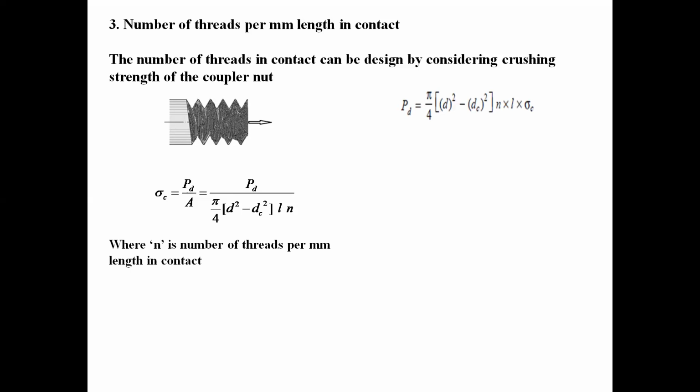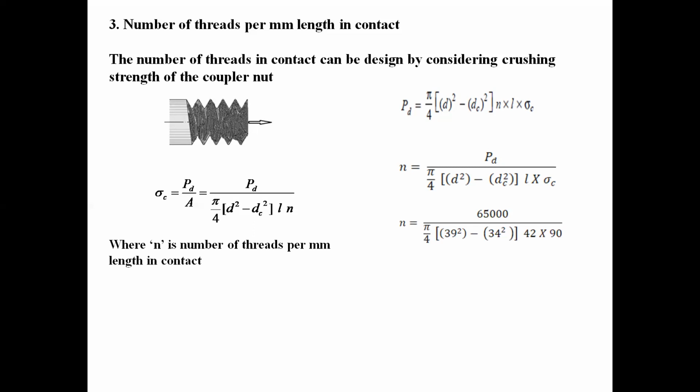If you look at that relationship, PD equals pi by 4 (d square minus dc square) into n into L into sigma c. Find n, which is equal to PD divided by pi by 4 (d square minus dc square) into L into sigma c. Put all the values. Here also we consider 65 kilonewton and put all the values together.